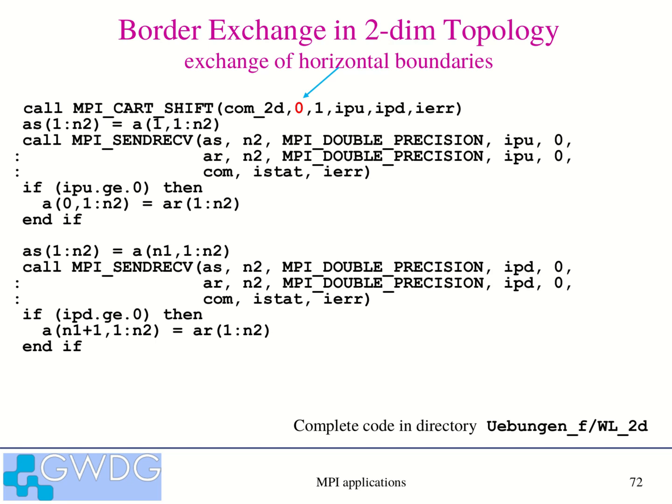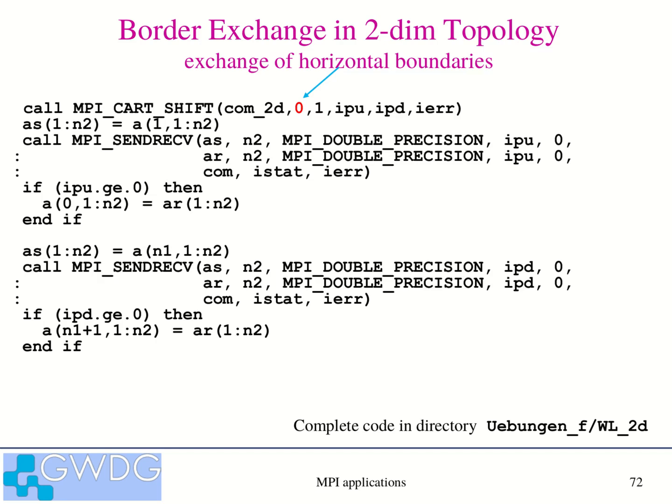And then you copy something from RS to your upper neighbor, and at first you determine the upper and lower neighbor in the horizontal direction with this shift function. Then you have the ID of the upper and lower neighbor, and you send something to the upper neighbor and receive something from the upper neighbor, again in contiguous memory space.